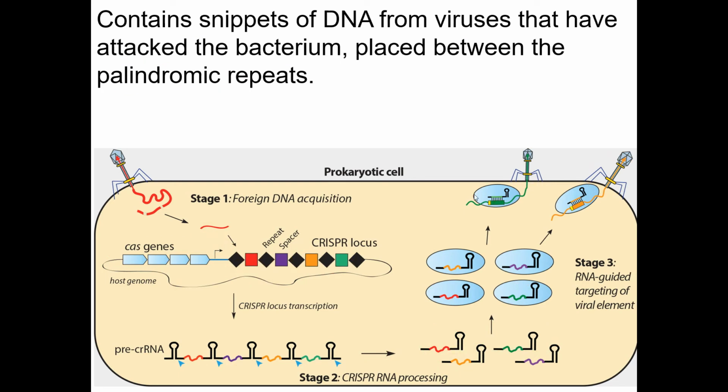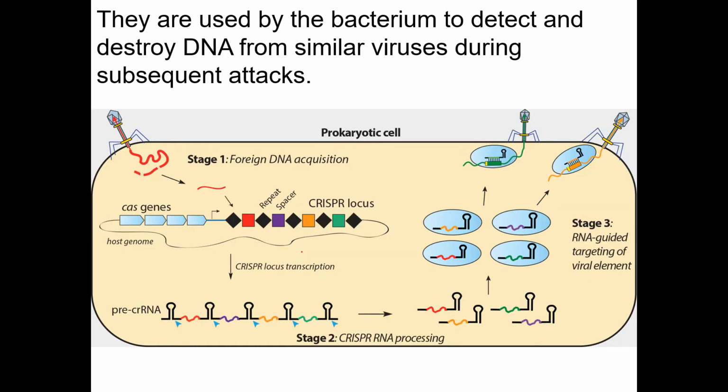So it contains snippets of DNA from viruses that have attacked a bacterium in the past, placed between these palindromic repeats. They're used by the bacterium to detect and destroy DNA from similar viruses attacking them in the future.